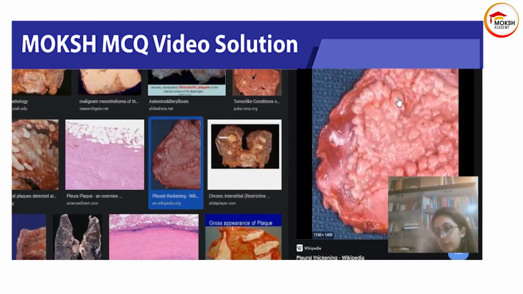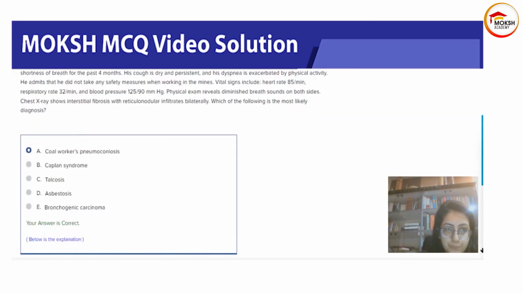They have removed the lung, and this is below the base of the lung, and these round structures are pleural plaques present on the pleura. This is a commonly shown figure in the exam, and there will be some kind of question relevant to asbestosis, so you should be able to distinguish. I also showed you an X-ray of pleural plaque.